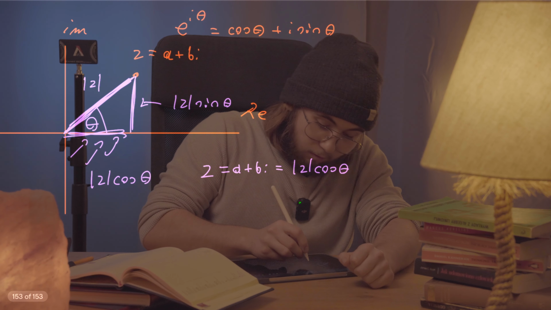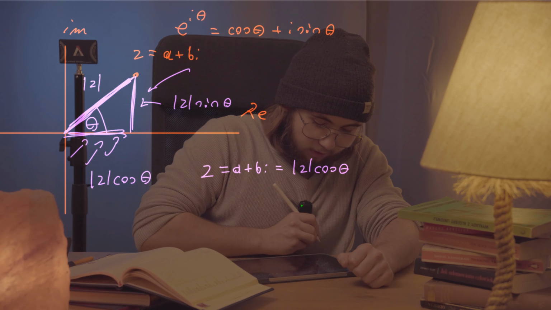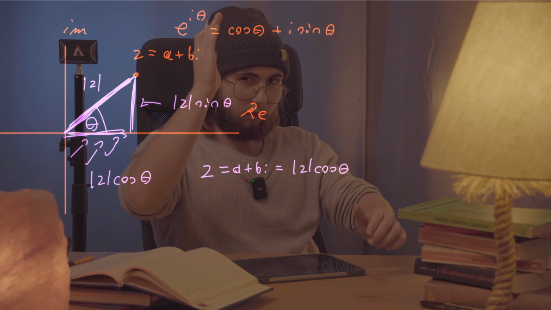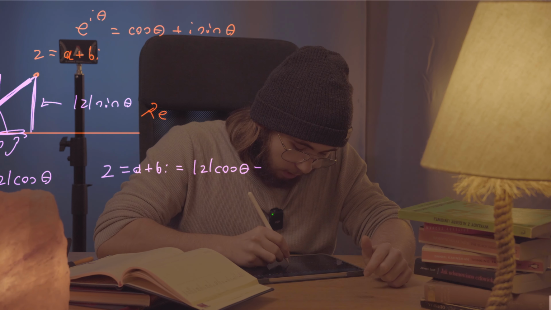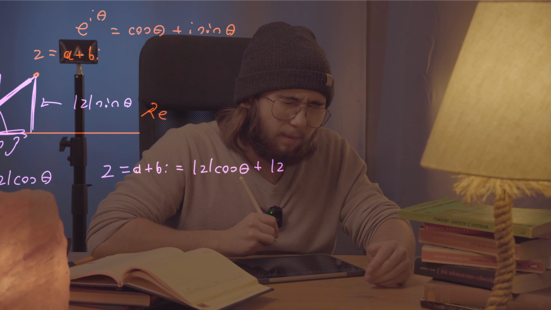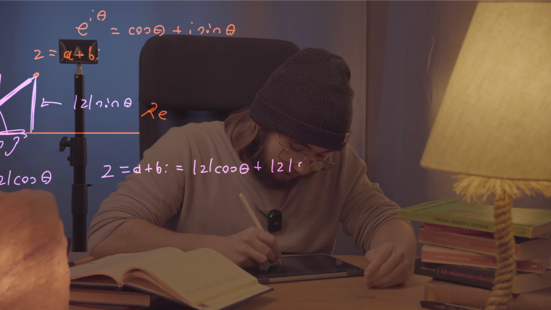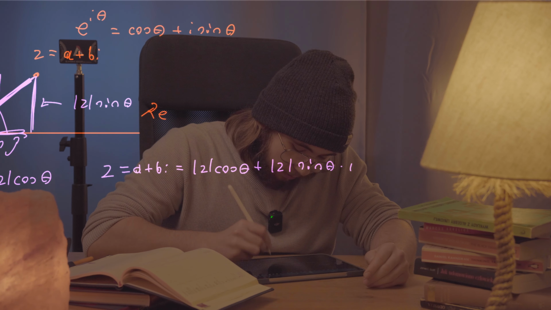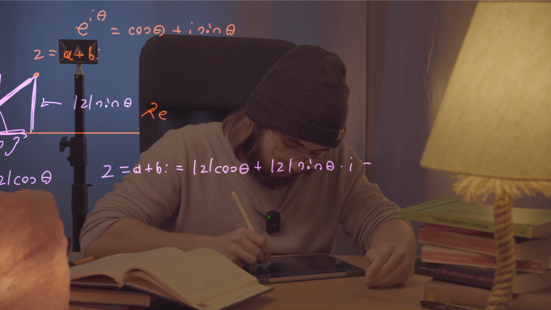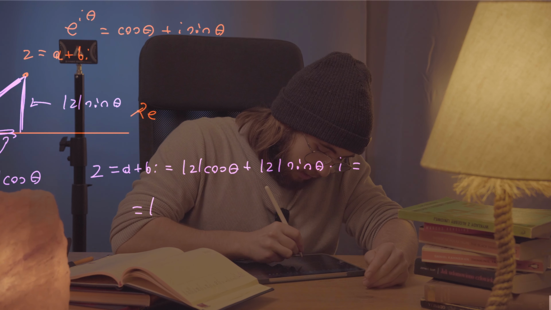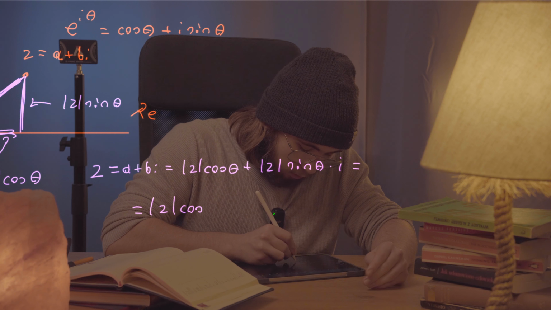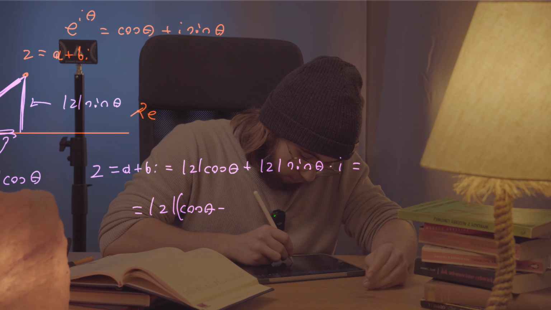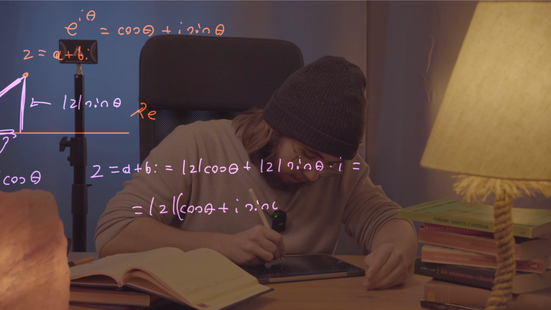Then it's gonna be this guy over there, so how much I have to walk upwards in the imaginary axis. So that's just gonna be the absolute value of z sine of theta, and then multiplied by the imaginary unit. So this is gonna be all equal nicely to the absolute value of z multiplied by cosine of theta plus i multiplied by sine of theta.